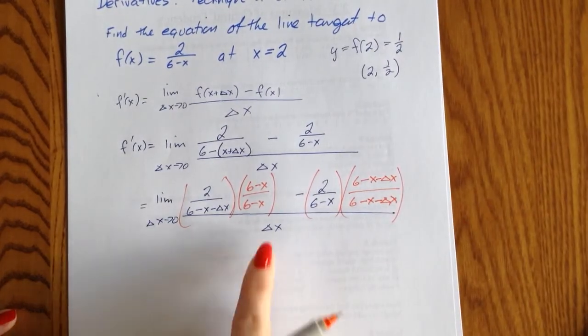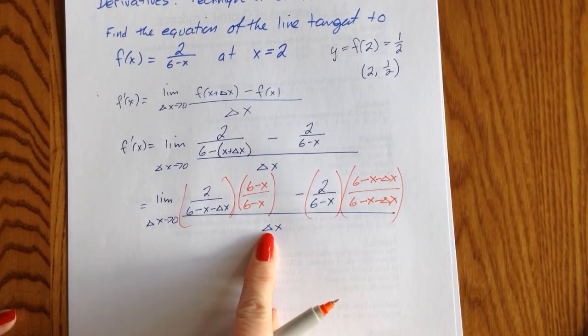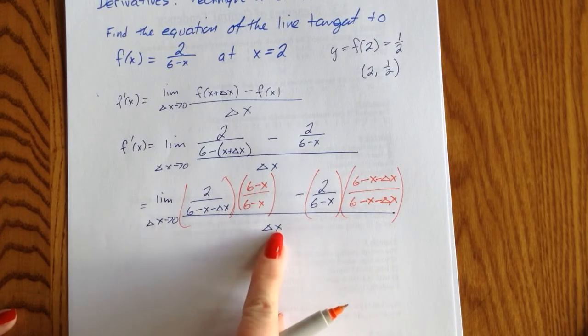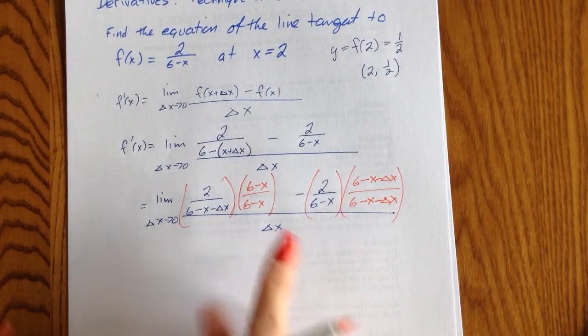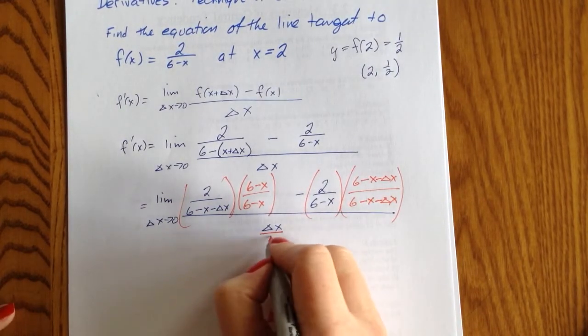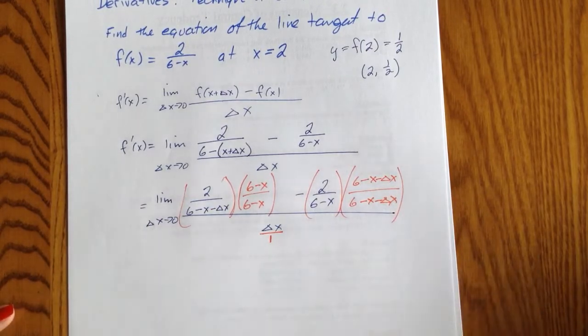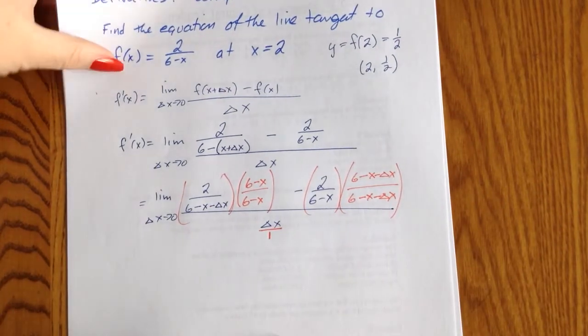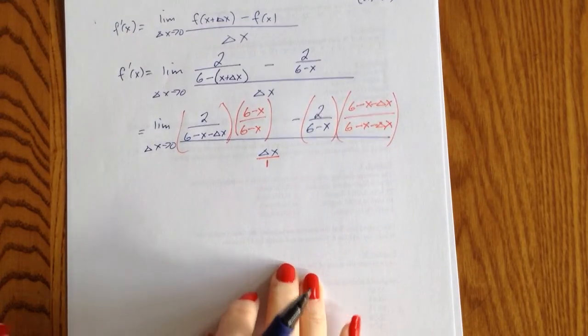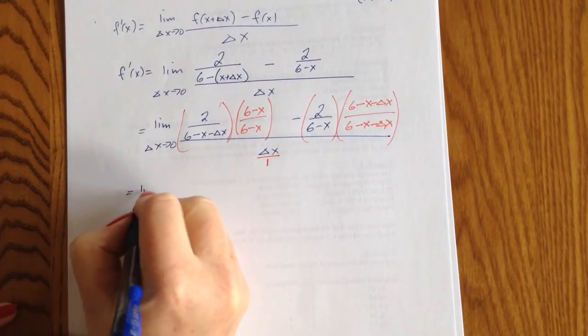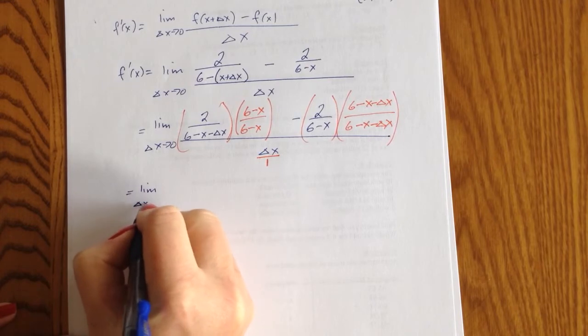Now, do you see this little delta x? It's feeling left out. Everybody's a fraction except me. And if anybody's a fraction, we like to make everybody a fraction. All right, so now this algebraic mess needs to be simplified. Well, we already have our common denominators.